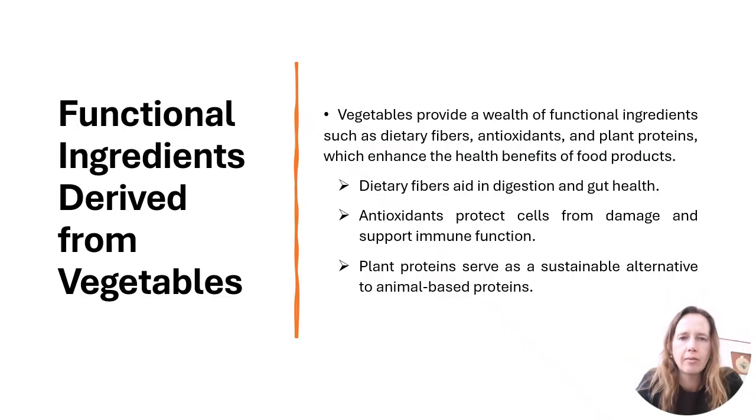And the main ones that are linked to health benefits and that we are aiming to use as much as we can are dietary fibers, which are good for digestion and good health, and antioxidants, to prevent cell damage and support the immune function of the human body.